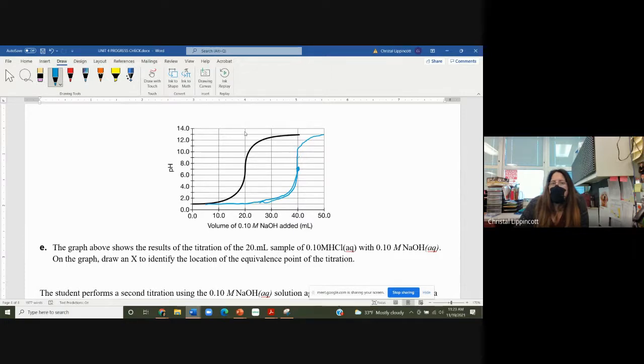Yeah, so you are taking a strong acid. A strong acid is going to have a pH of 1 or less, and you're reacting it with a strong base, which means that your pH at the end is going to be 13 or greater. So you know that your pH is going to start out down here.